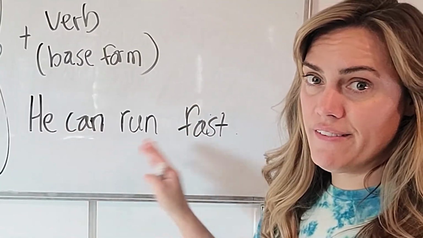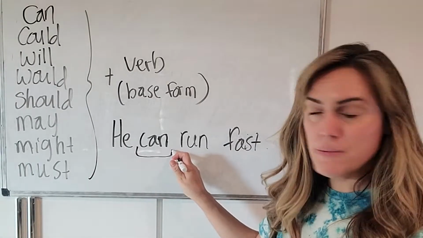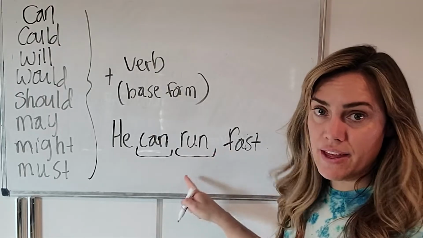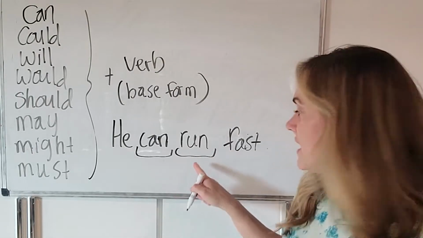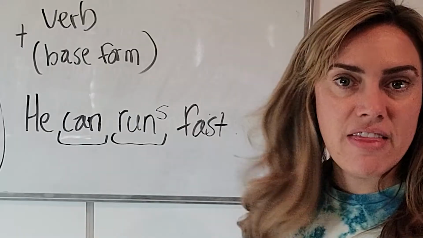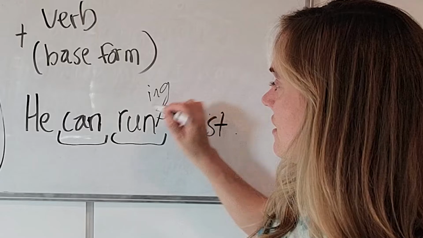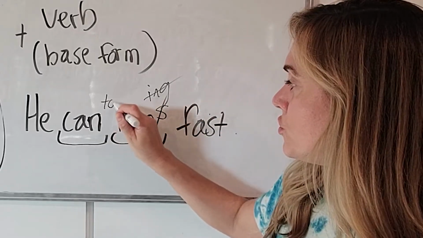For example, he can run fast. Here's the modal, the helping verb. Here's the main verb. Look at the main verb. It's in the simple base form. There's no S there. There's no ing. There's no to over here.